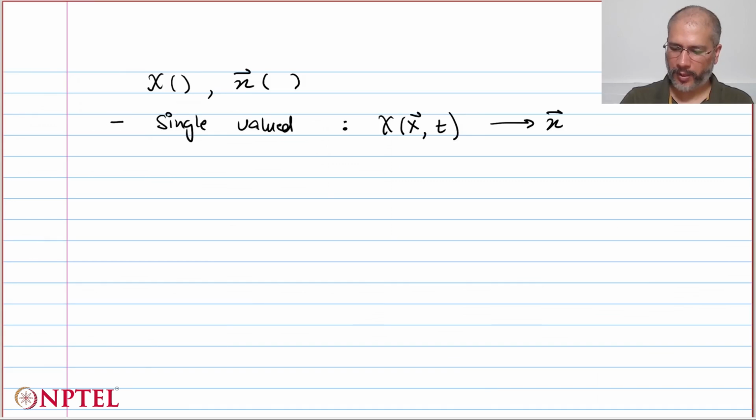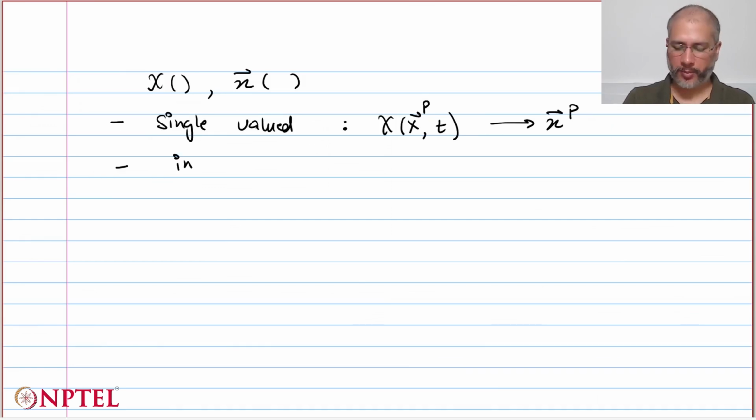So if my particle P has material coordinates capital X and I specify some later time, then the particle P will be sitting at a unique position at that later time. The particle P cannot be at two different places at a later time. This is the meaning of single valued.